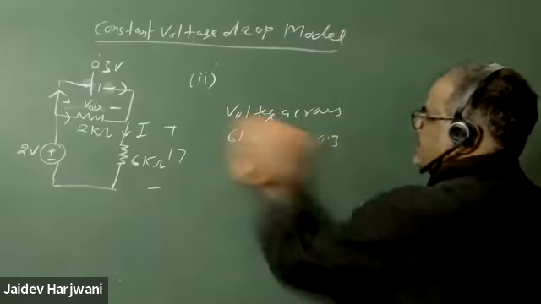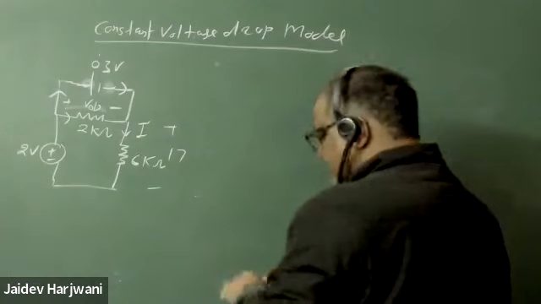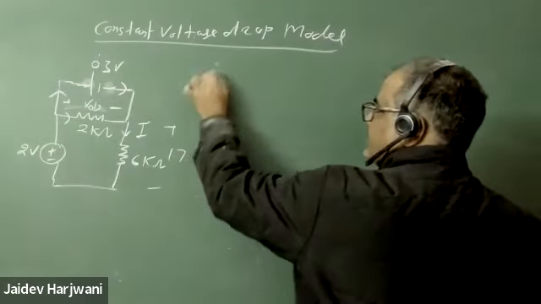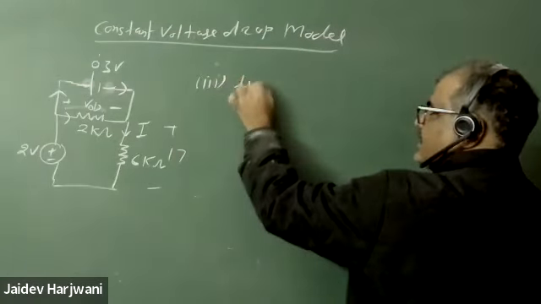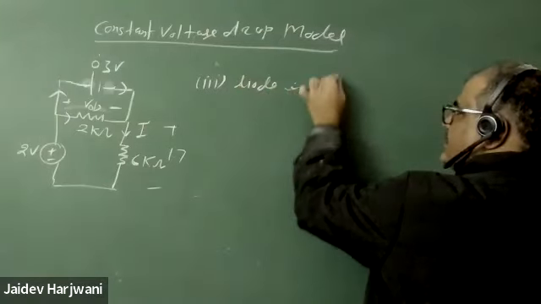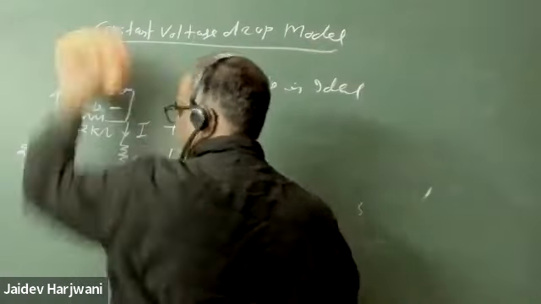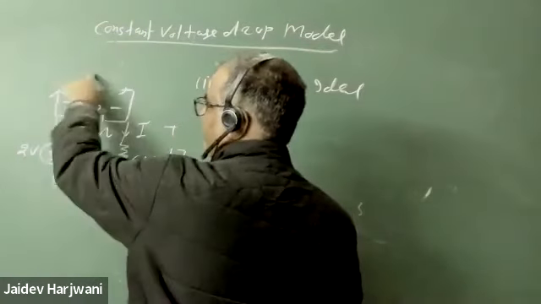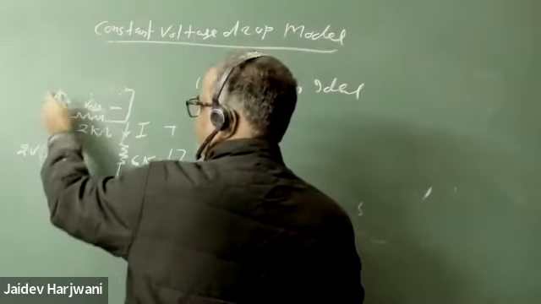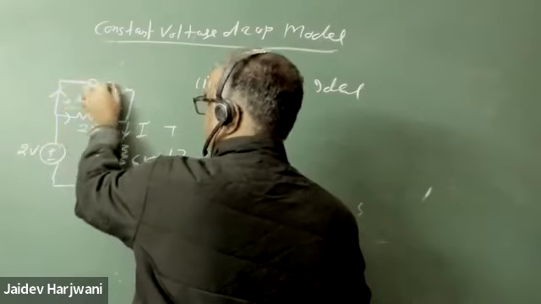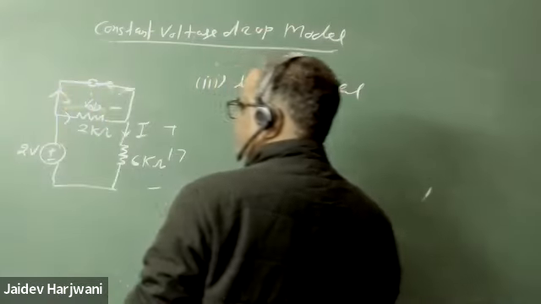Okay. So now the third point is when the diode is ideal. So when it is ideal, no need to think. Just check the voltage here, whether it's forward bias or reverse bias. So it is forward bias. This can be replaced by a short circuit. Simple.